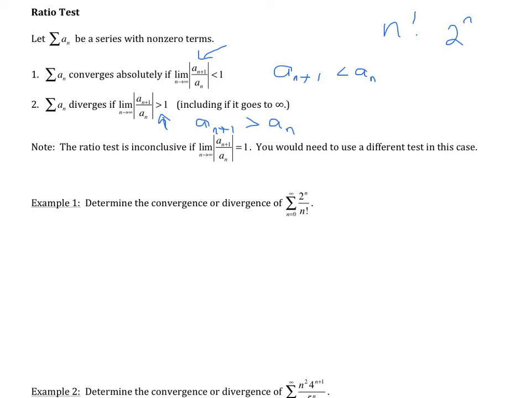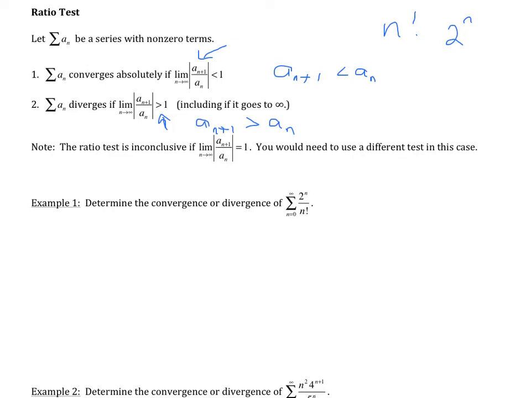The note is telling us that the ratio test is inconclusive if the limit equals 1. The terms are the same, it's not growing or decreasing. You just would use a different test in this case. There's nothing really to do with the ratio test if you end up getting equals 1.